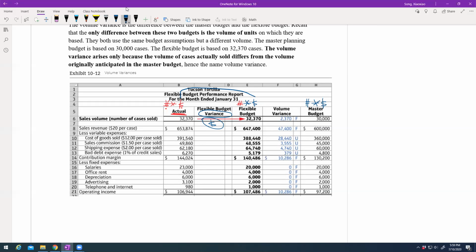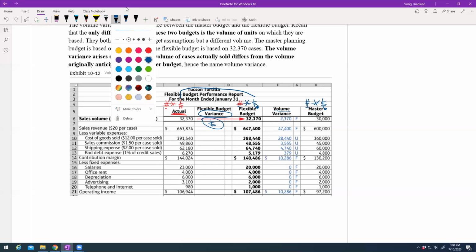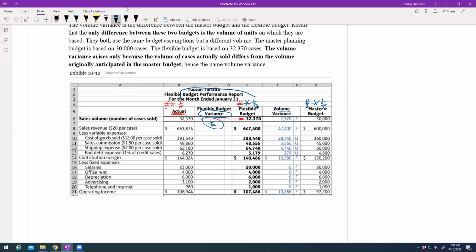So now you can see the volume variance. They use the same dollar amount, so the only difference will be the actual units and the budgeted units. This is why we call it a volume variance, because the only reason for the variance is the different volume, the actual volume and the budgeted volume.